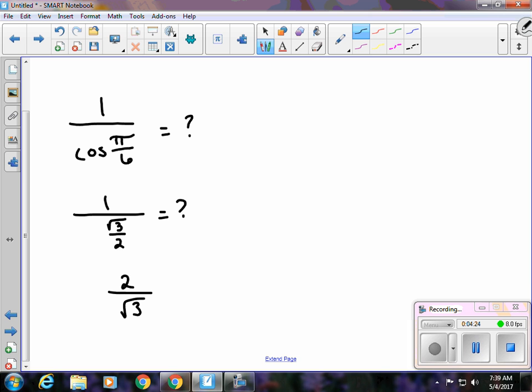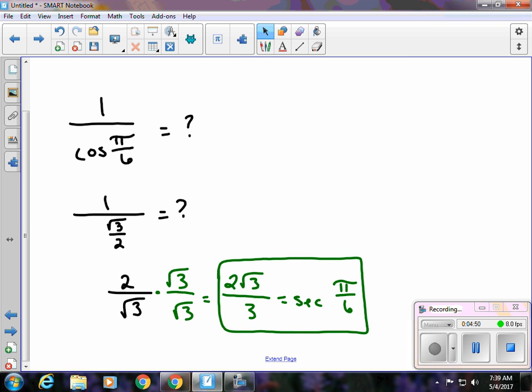Well, I can't have a square root in the denominator, so I got to fix that. So I got to multiply the top and the bottom by square root 3, and then I have 2 square root 3 over 3, which equals secant, sorry, of pi over 6.